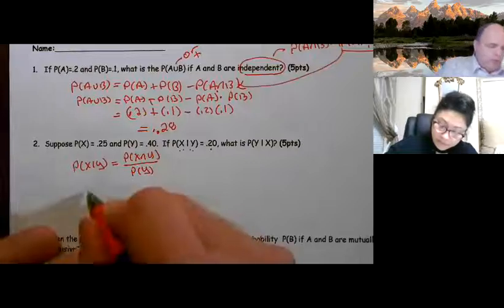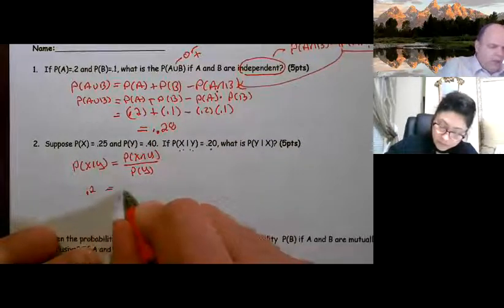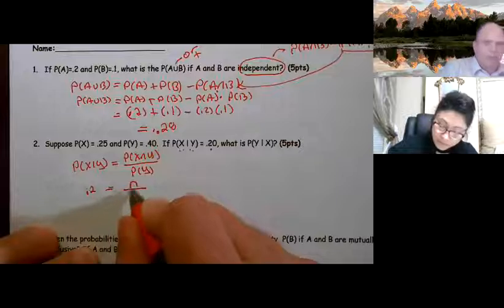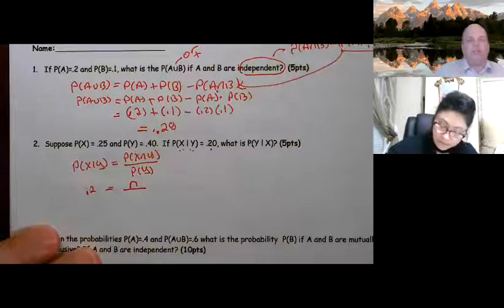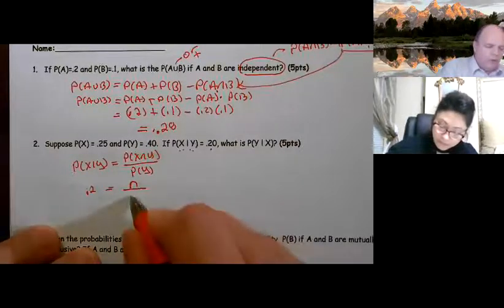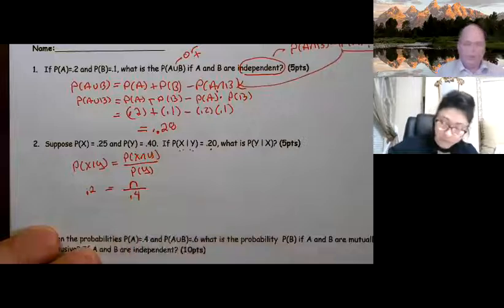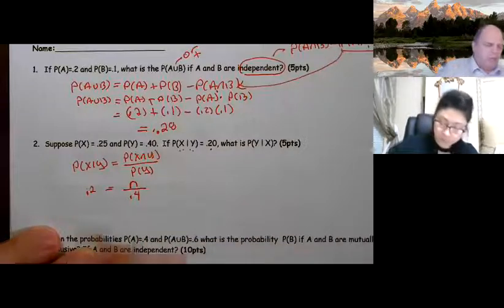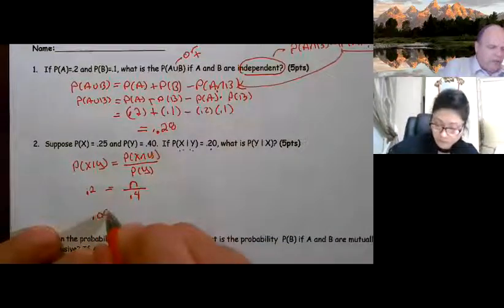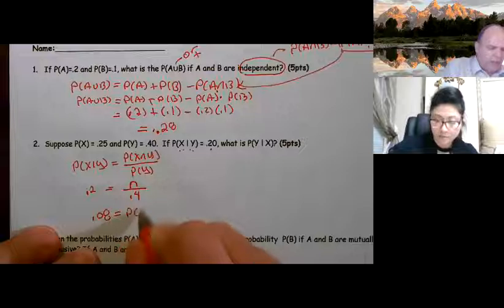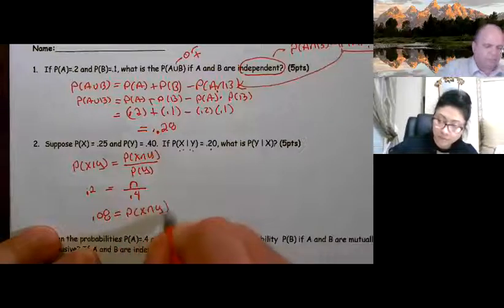Well, I know that this is 0.20 equals, and I'm just going to use the intersection symbol to abbreviate, speed up my writing just a little bit, over 0.4. That means 0.08 equals the probability of X and Y.